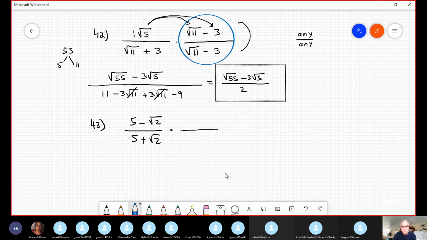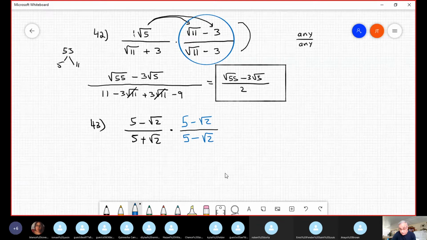What is the conjugate of this guy? 5 minus radical 2. Exactly. 5 minus radical 2. This is our smart one. It's a coincidence in this example, it's exactly the same as this, but this is just coincidence. No, always happen. Okay, let's do a multiplication separately.